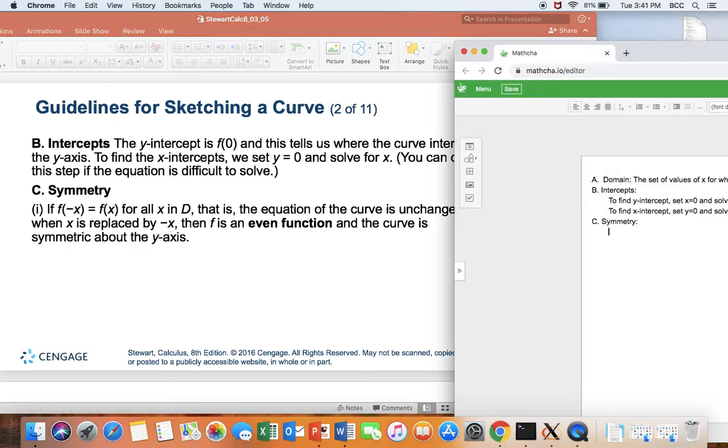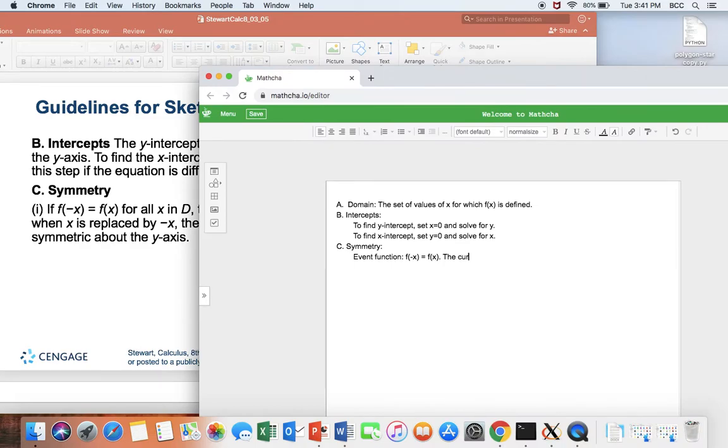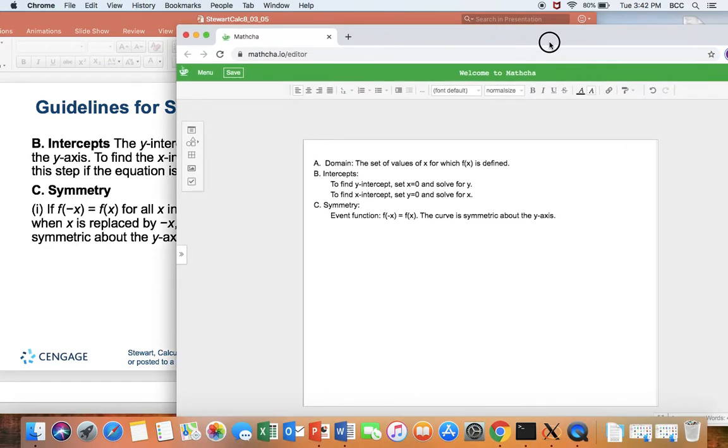So the first point is even function. What is an even function? f(-x) is the same as f(x). The curve is symmetric about the y-axis. All right. So this I hope is clear.